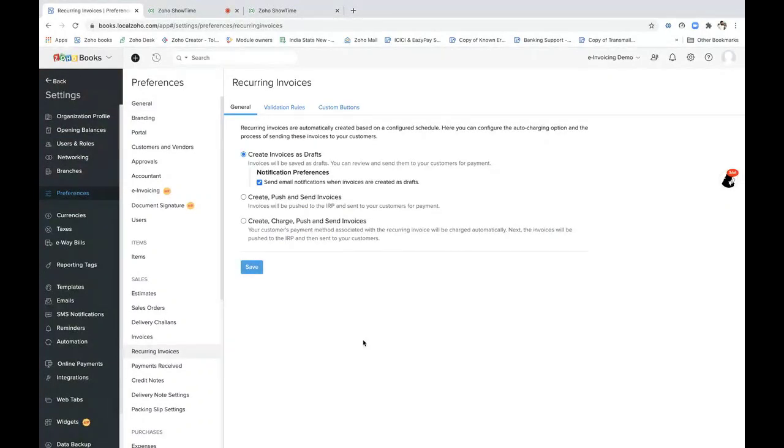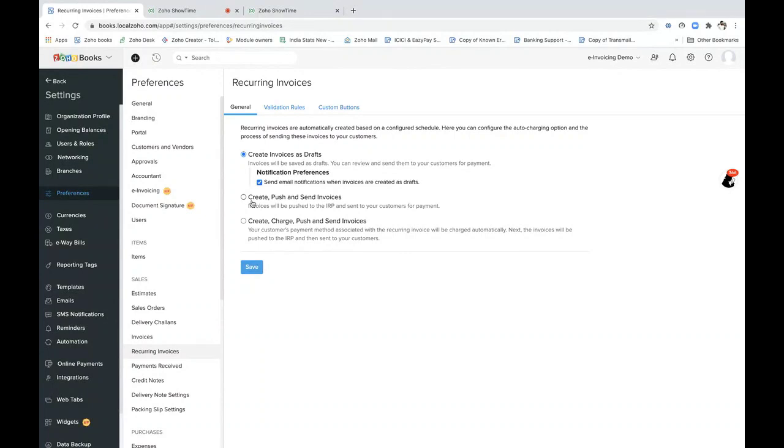Here you do have three preferences in this case. Zoho Books will create invoices and save them as draft, post which you will have to push them to the IRP and generate the IRN and the QR code. Or else you can choose the preference as create, push it to the IRP portal automatically and send the invoice to the customer itself.